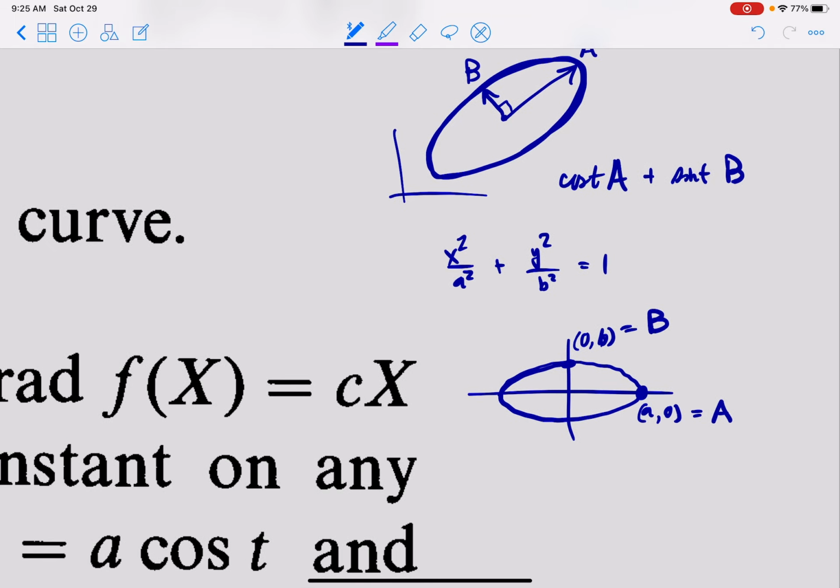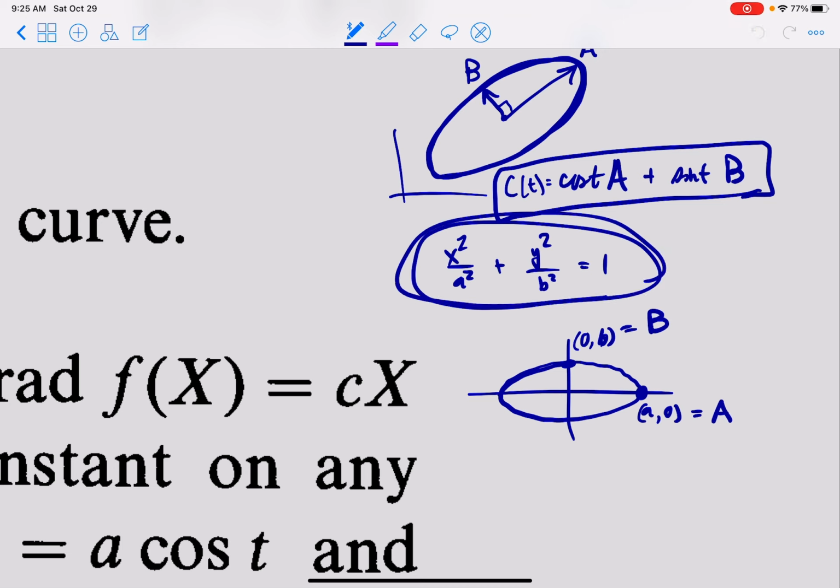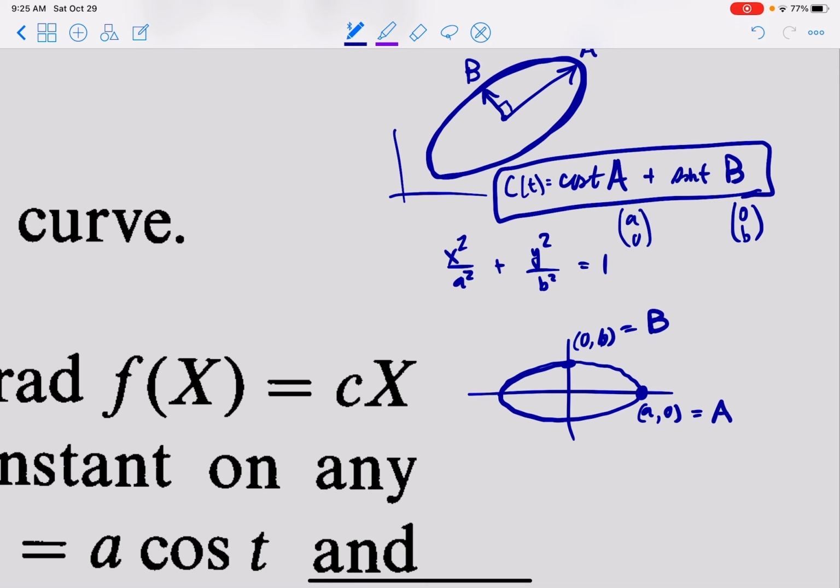And then what we're going to check is that this curve lies on the ellipse. Does it satisfy the equation of the ellipse? Well, a is a comma 0, and b is 0 comma little b. And then c of t, if I expand it out, what's the first coordinate?